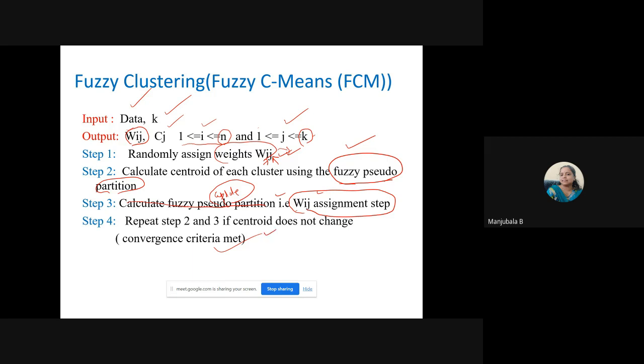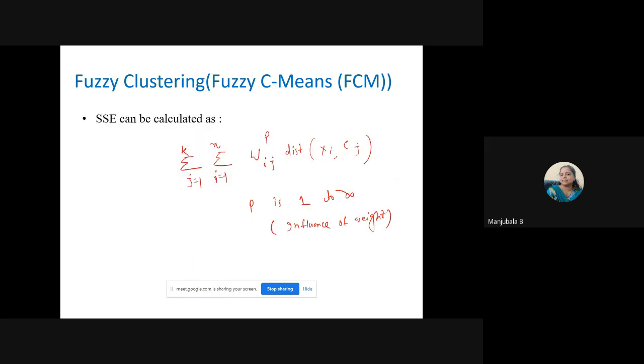Now let us see one example and how it works. The sum of squared error for fuzzy C-means clustering can be calculated as the summation of j equals 1 to k, for the number of clusters, and the summation of i equals 1 to n, for the number of points, of Wij to the power p times the distance. Wij is the weight matrix, the membership of the ith point with respect to cluster j.